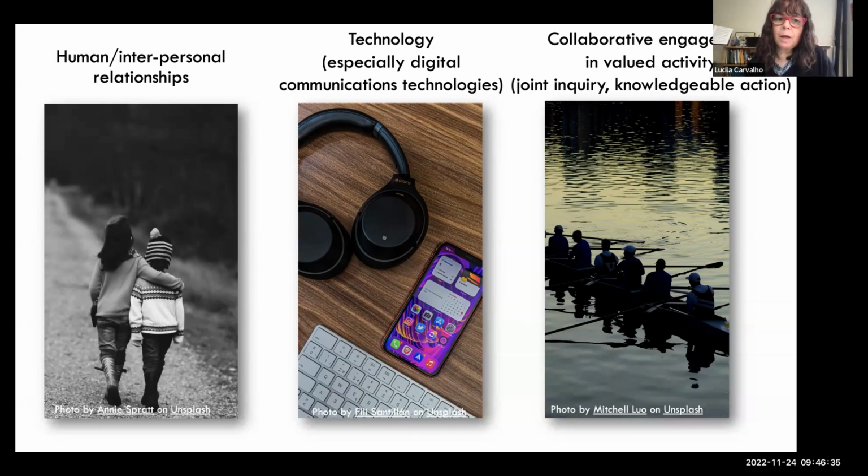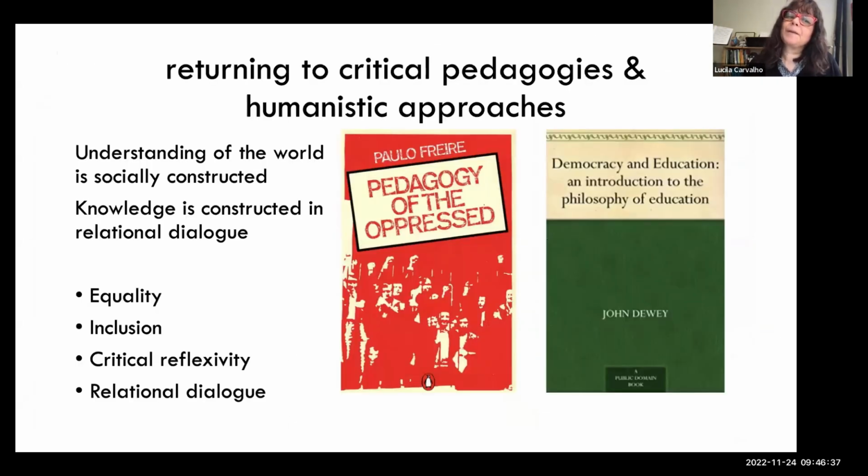But more recently, people are returning to these ideas of critical pedagogies and the humanistic approach, particularly looking at equality and inclusion, but also critiquing a little bit this notion that when you are learning online, it is something you can do anywhere or at any time.